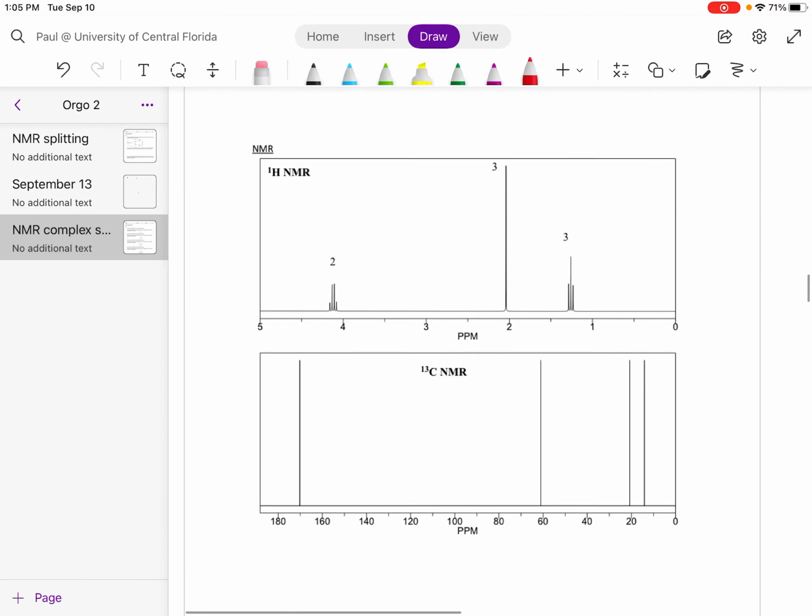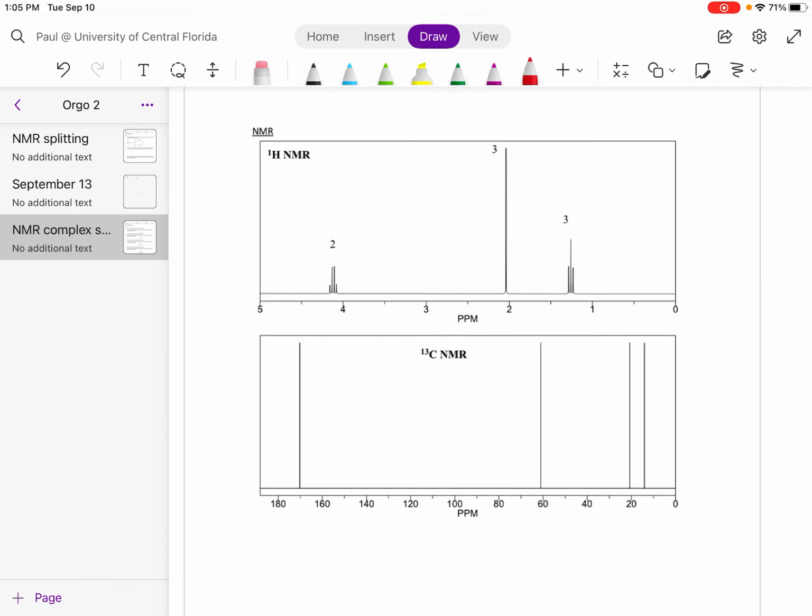And then when we come here, what's the splitting pattern tell us? Well, we have a methylene right here that integrates for 2, and that's a quartet. We have a singlet and then a triplet. And so we have a methylene, which is a CH2, and it has to be attached to something that splits it into a quartet.